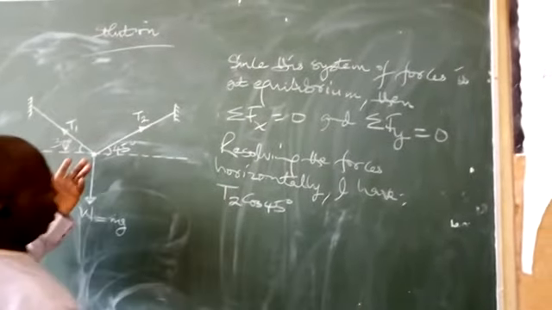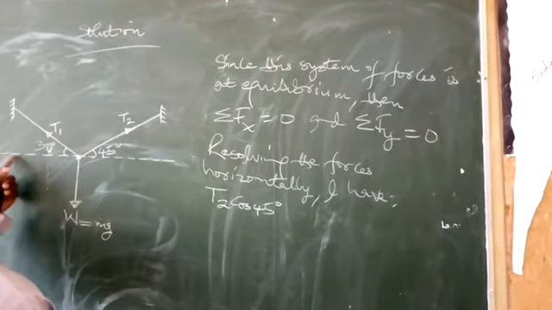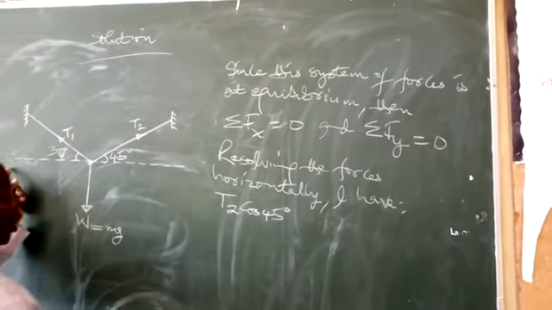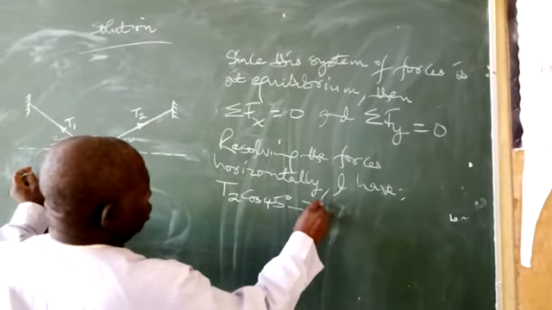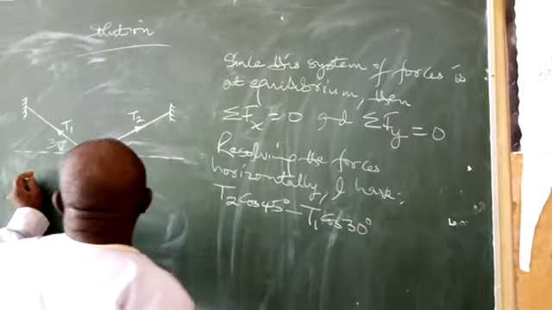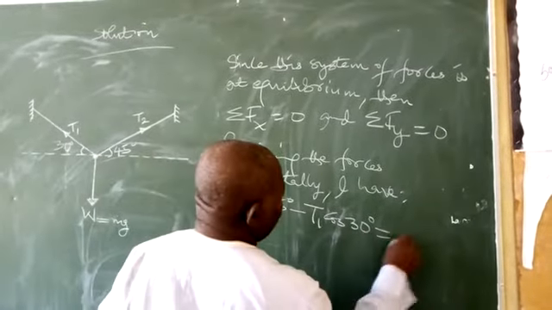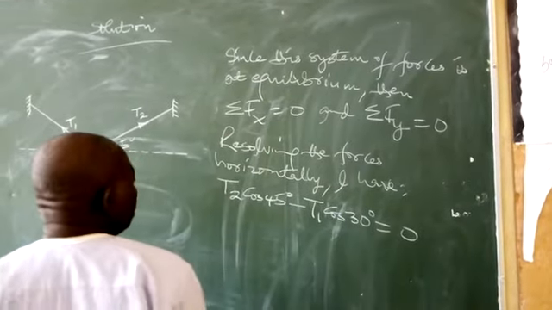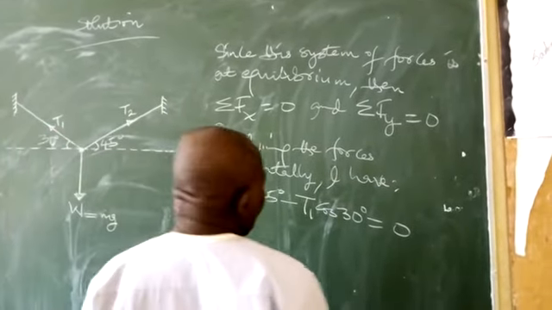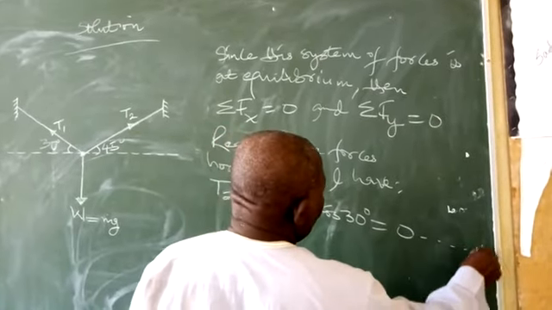Then the next force is T1. Resolving this T1 horizontally, because it's toward the negative direction of the x-axis, that will be minus T1 cos 30 degrees. There is no other force acting in the horizontal direction, so that is equal to 0. Call this equation 1.